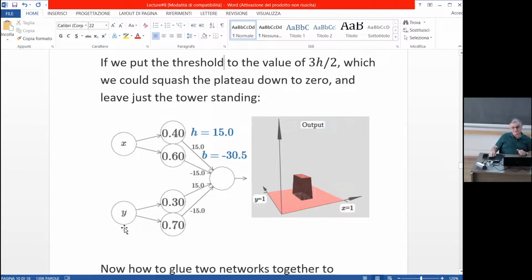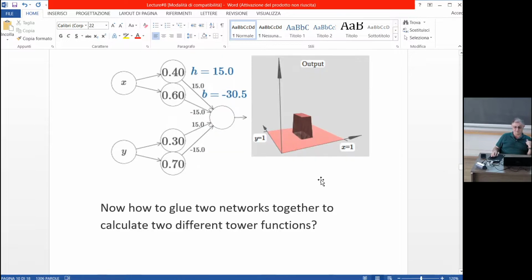And the same we do for Y. Yes, it begins jumping at 0.13 of the Y coordinates and jumps down at 0.7. So we have squashed the base to 0, and we have the pure tower function.